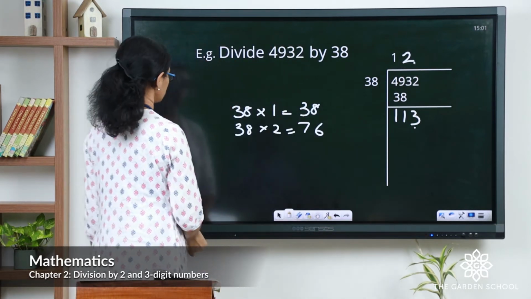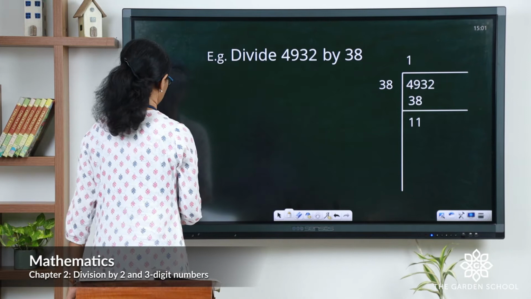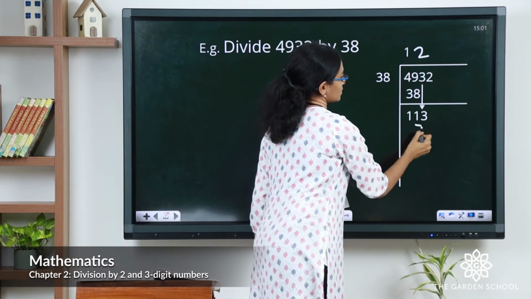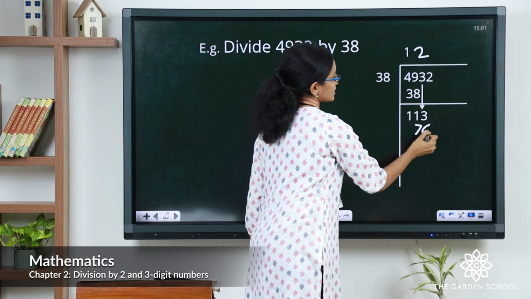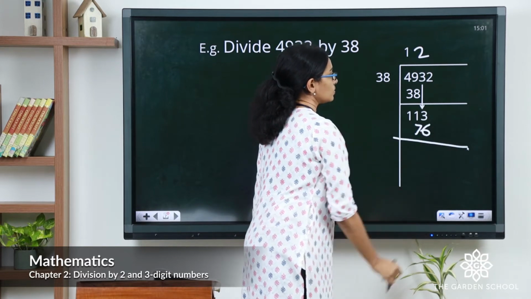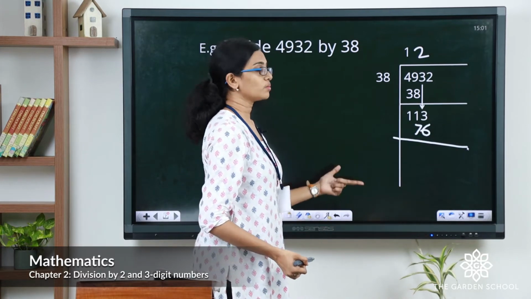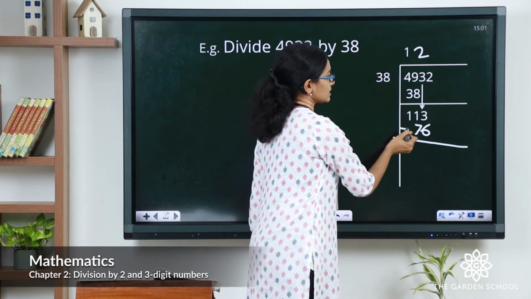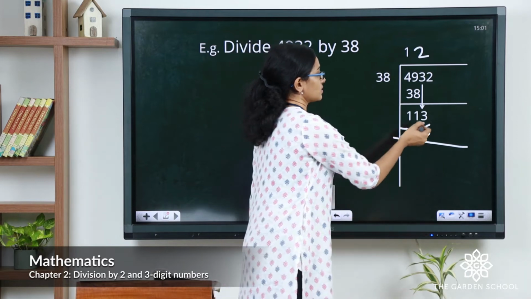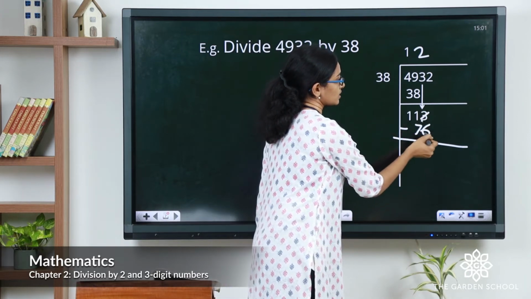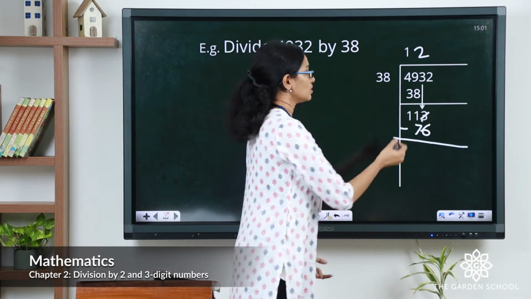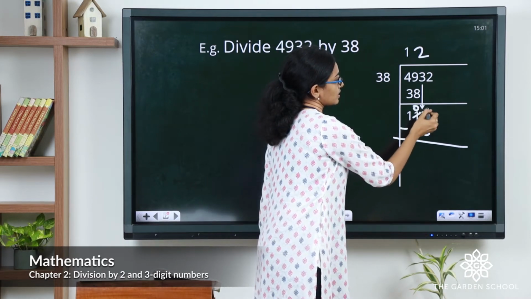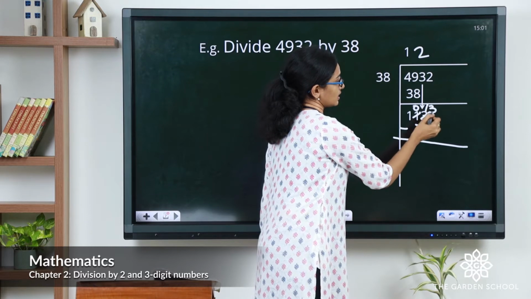Now, 2 into 38 is 76. Now, the next step is to subtract again. So, 113 minus 76. So, 3 ones minus 6 ones we cannot do. So, we borrow from the next higher place. So, it's 0 here and 13 here.